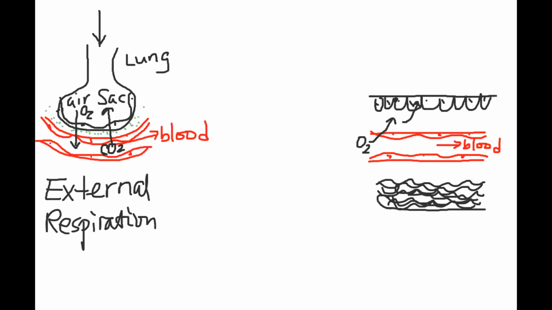In the cells, the oxygen will be used to make ATP. So the blood vessels will have more oxygen than the tissue cells. At the same time, metabolism of these tissue cells will generate a lot of CO2, so CO2 will be more concentrated in the cells than in the blood. So CO2 will diffuse from tissue cells into the blood capillaries.